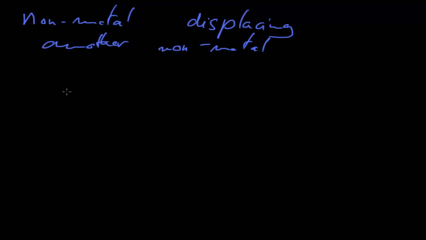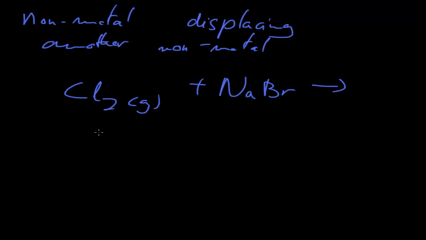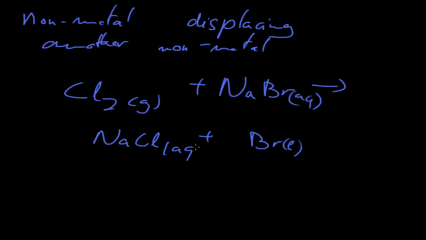I'm going to give you another very popular reaction: chlorine gas reacting with my sodium bromide, creating sodium chloride and bromine. Bromine is liquid state. This guy is an aqueous solution, and HCl is an aqueous solution as well.